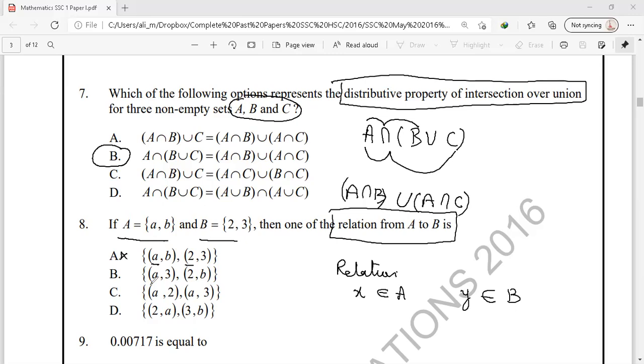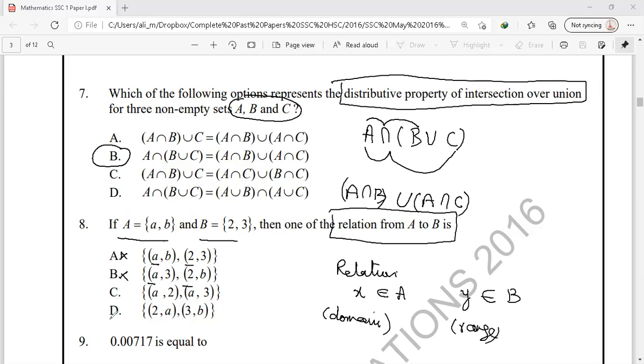In the next option, the values of x are a and 2. Once again, the values of x do not belong to set A. The values of x are also known as the domain, while the values of the ordinate y are known as the range.